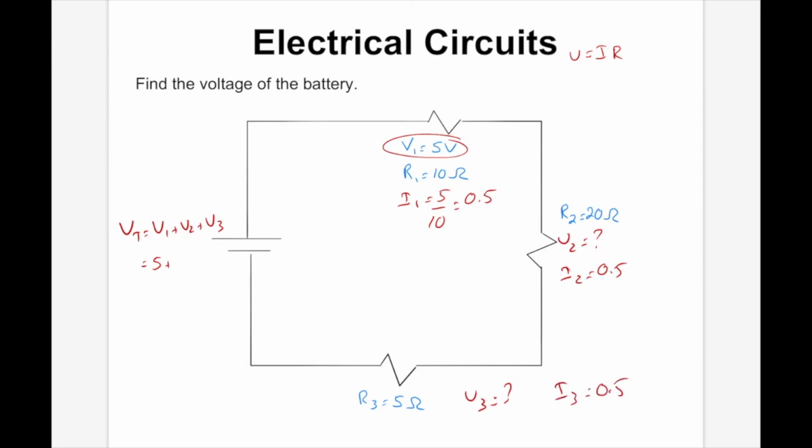We can then solve for the other two. V2 is going to equal I times R, so 0.5 times 20, which is equal to 10 volts. And then V3 is going to equal I3, which is 0.5 times 5, which is 2.5. So now we can add them up. 5 plus 10 is 15, plus 2.5 is 17.5 volts.